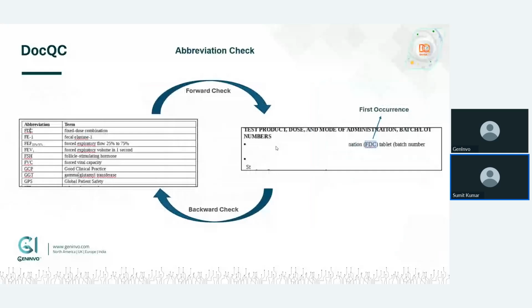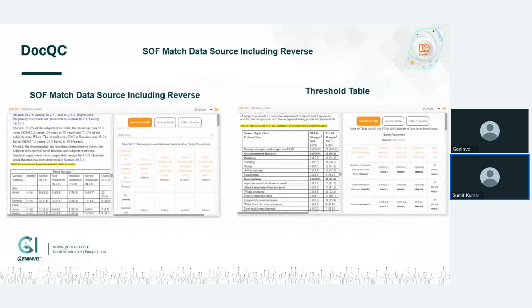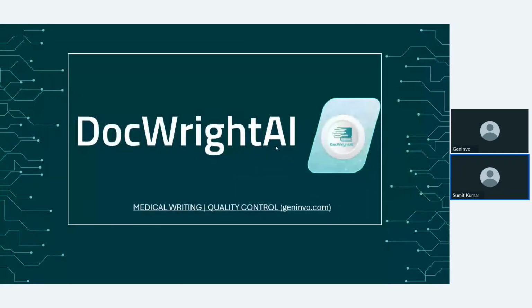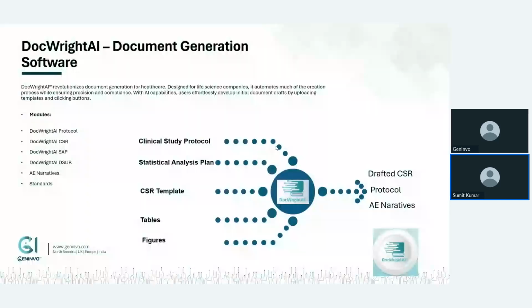Now, moving to the next tool, which is DocWrite. DocWrite is another tool, or I'll say another application, that GenInvo has developed. DocWrite AI is an innovative application designed to automate and enhance the writing process of clinical study reports and scientific documents.